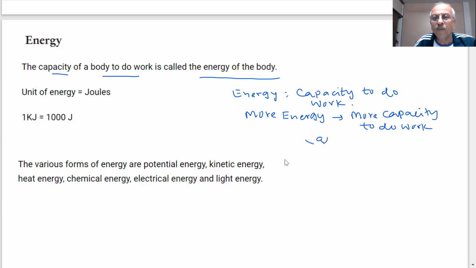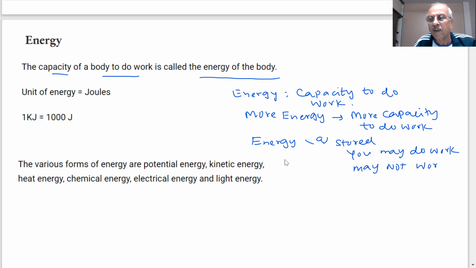You have energy stored in you. I'm saying stored. You may do work or may not do work. It depends. Without energy, I cannot do work.